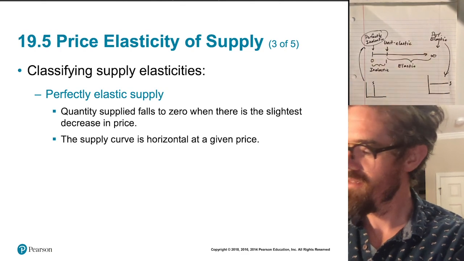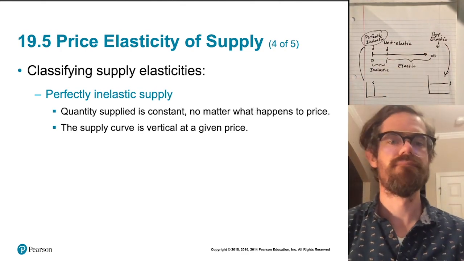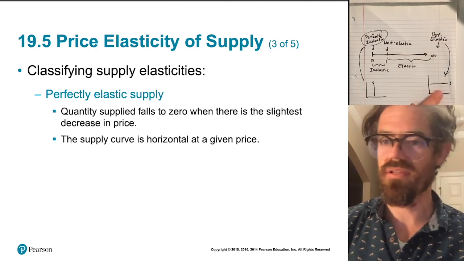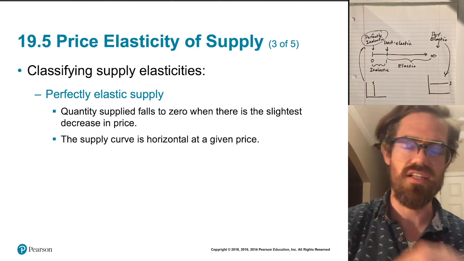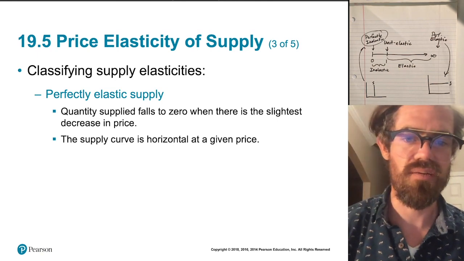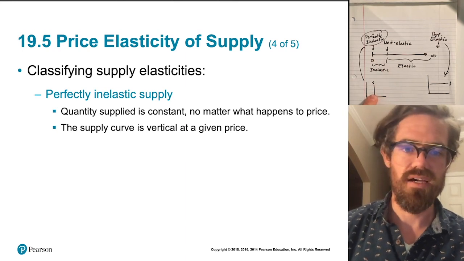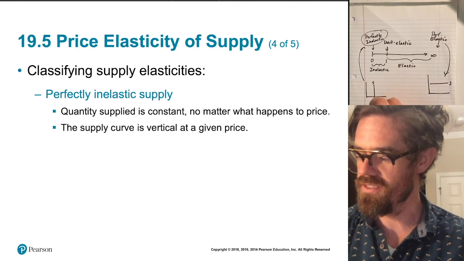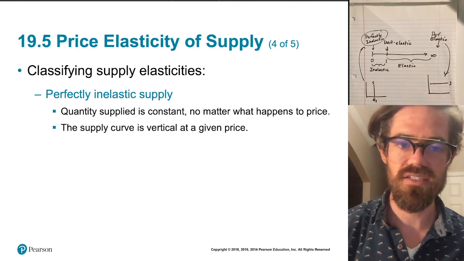So just like demand, right? With perfectly elastic supply, the quantity supplied falls to 0 even with the slightest decrease in price, and it's basically a horizontal supply curve at a particular price. With perfectly inelastic supply, the quantity supplied is fixed, right? So it's fixed at some QS. No matter what happens to price, the quantity stays the same.